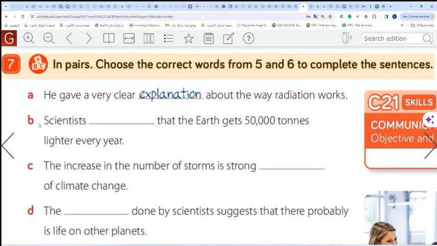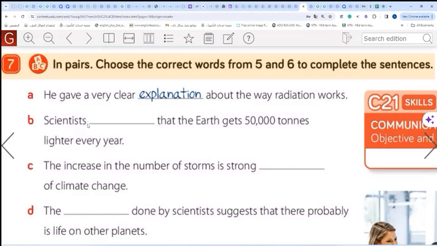What about number B? Scientists estimate that the Earth gets 50,000 tons lighter every year. So what are you going to choose? Estimate. Excellent.